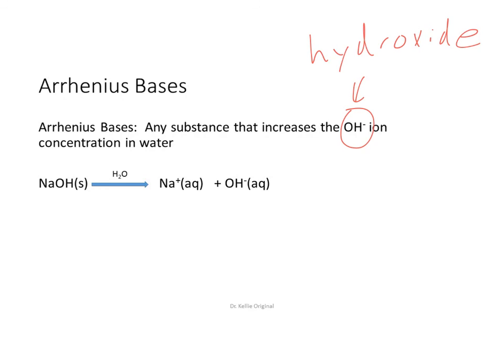Your typical Arrhenius base reaction consists of a base, often a solid, placed in water to yield a cation. Acids yielded an anion. For bases, we're getting a cation, and I can't spell today. And a hydroxide ion.